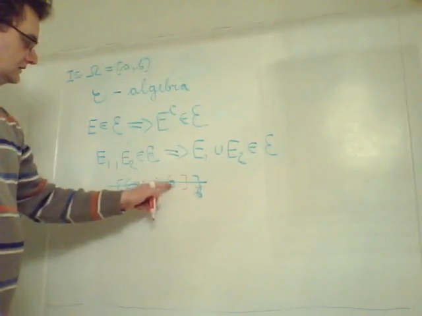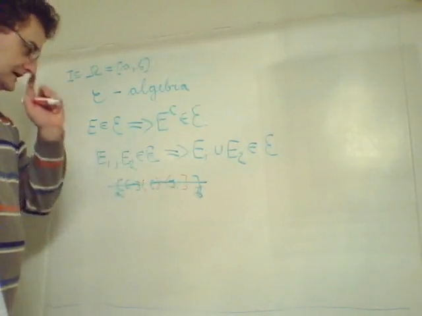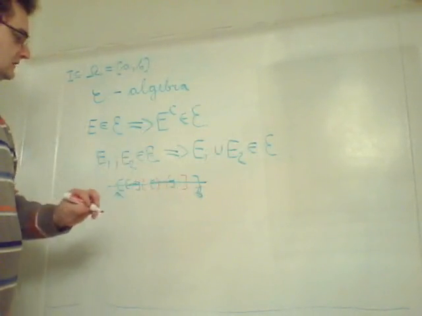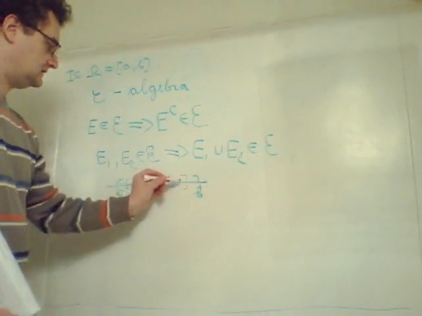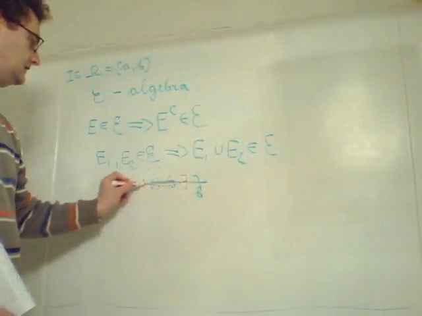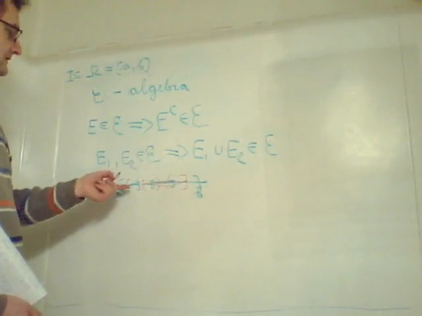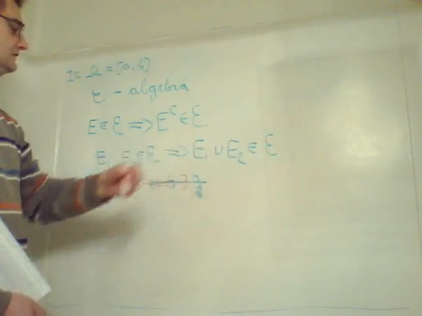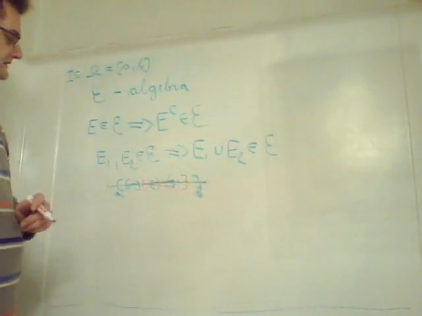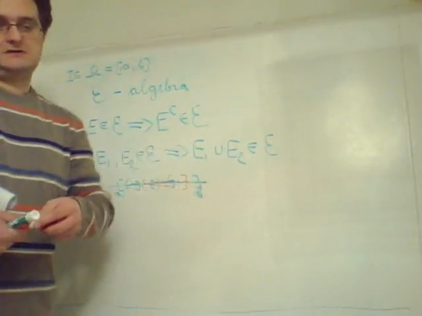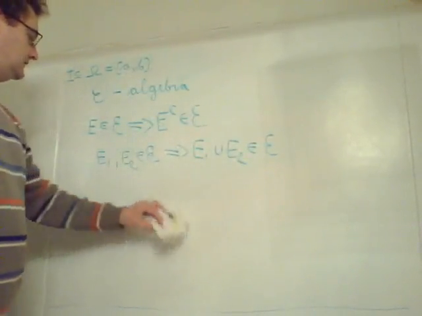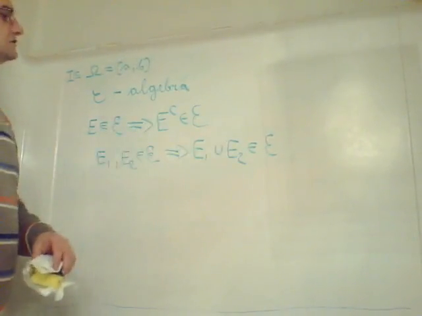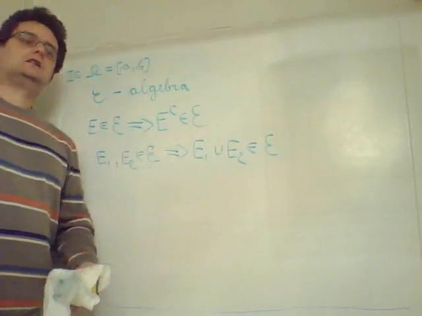So if you take the union of these two red intervals and this green one, what we get is this entire interval here. And so the union of E1 and E2 is again a union of some intervals. It's just an illustration to show that it should really be true, but we are not going to spend time on details. So it is an algebra, but it's not a sigma algebra.